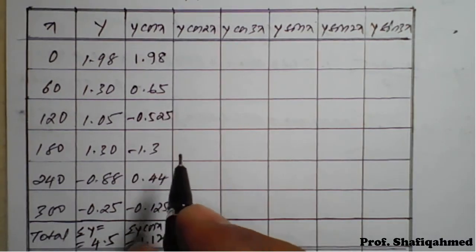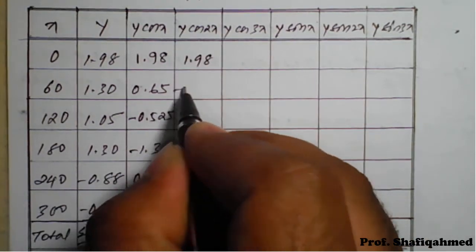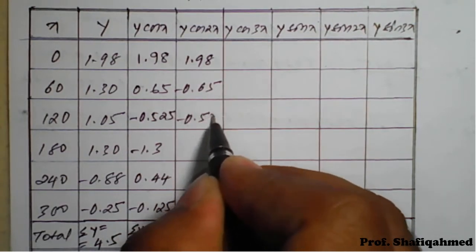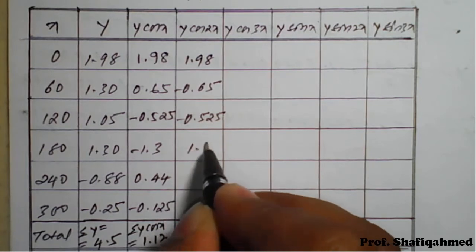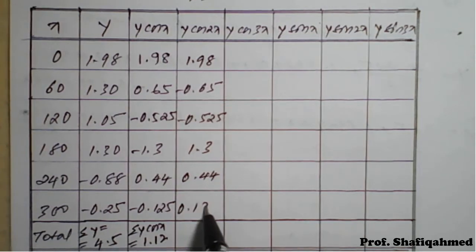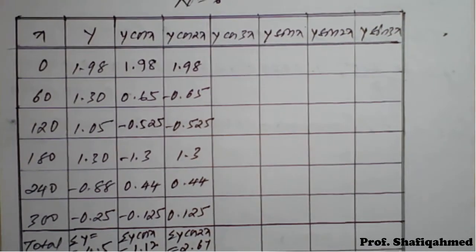On calculation, y cos 2x will be 1.98, minus 0.65, minus 0.525, then 1.3, 0.44, 0.125, and summation of y cos 2x will be 2.67. It will be 2.67.